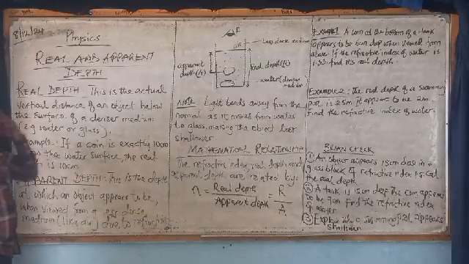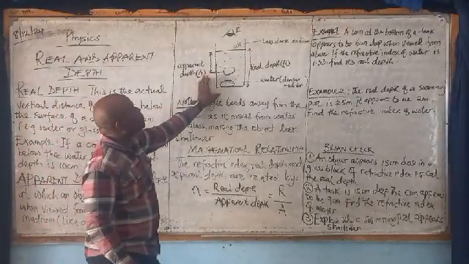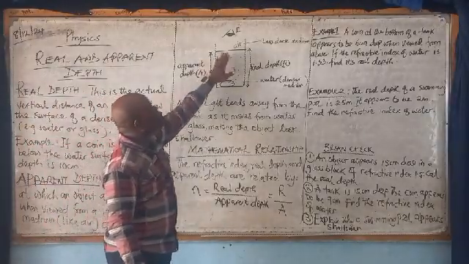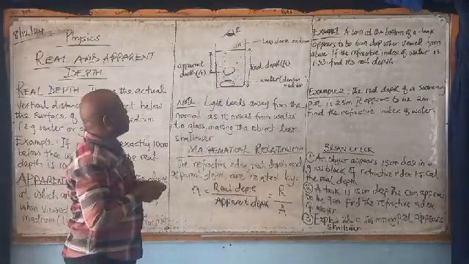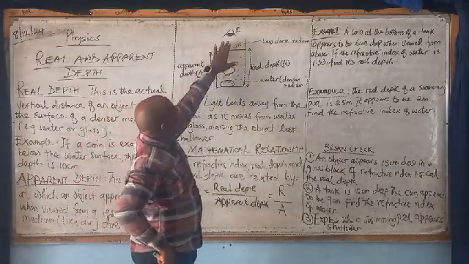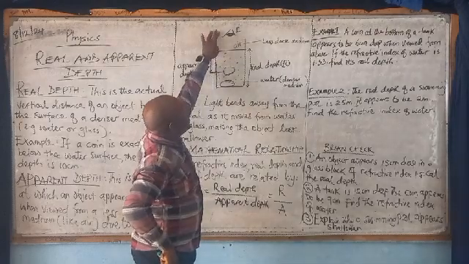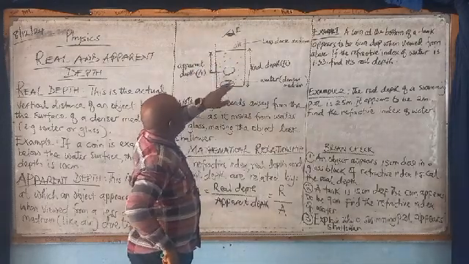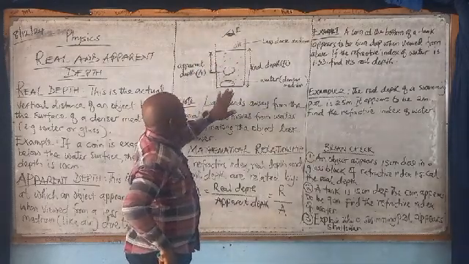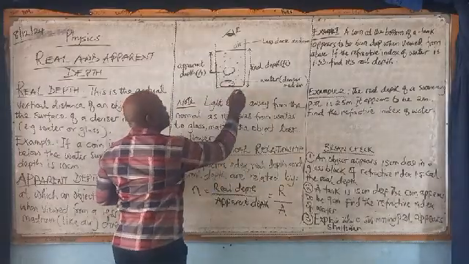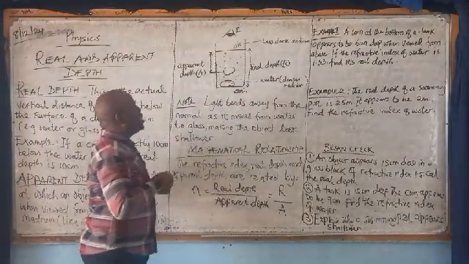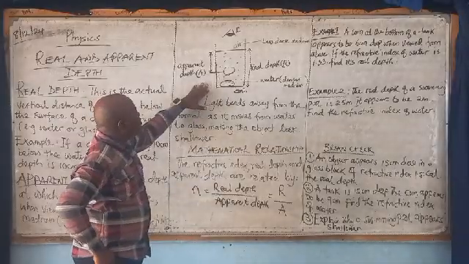If you look at this diagram, this is a beaker containing water. These are water molecules in a beaker. Then we have an observer here viewing the object. The object here is a coin, inserted in the beaker of water.